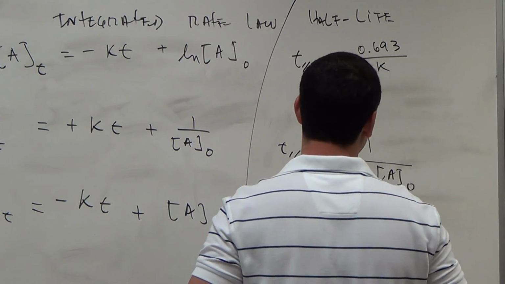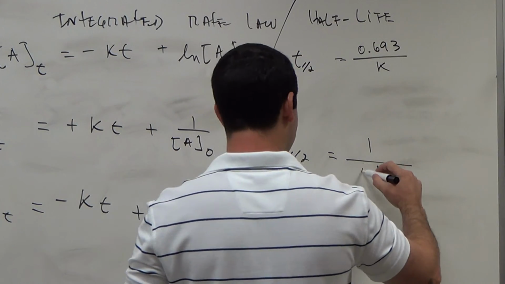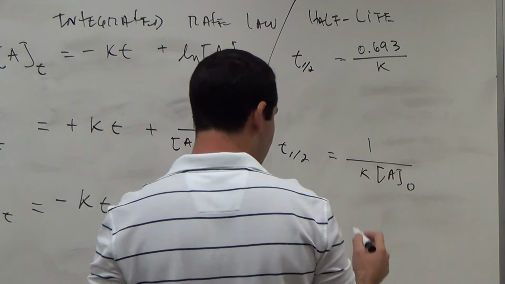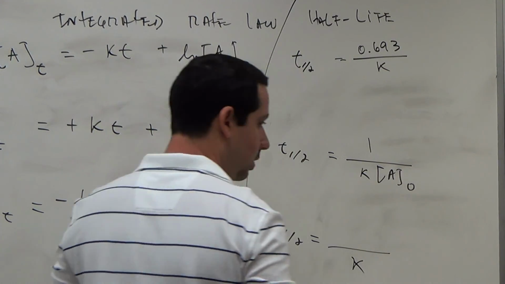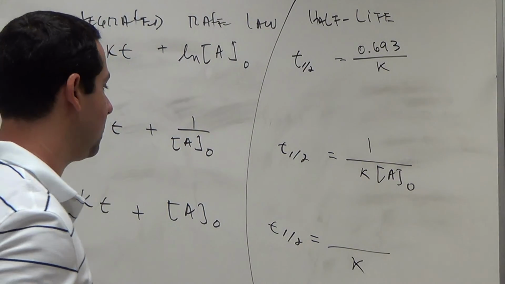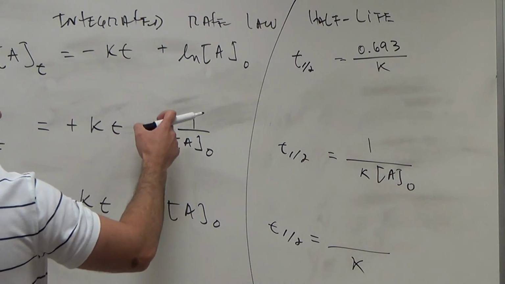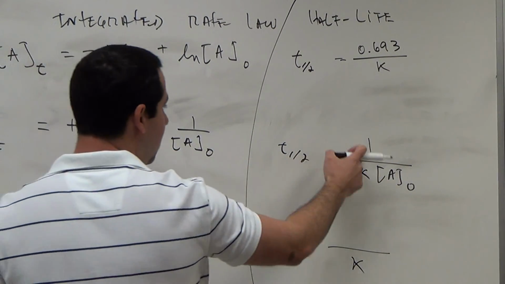A0 on the bottom. K is always going to be on the bottom. It was on the bottom here, and it will be where here? On the bottom. Where is it going to be for the third, or for the 0th order? It will be still on the bottom. This A0, was it on the bottom here, yes or no? Still on the bottom there.